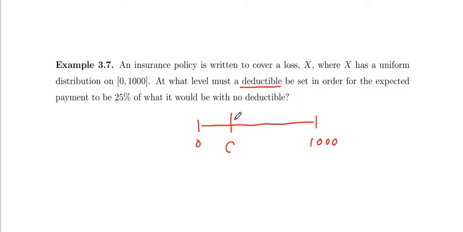So set to here, then the expected payment will be 25% of what it would be with no deductible. If there is no deductible, then the expected payment equals just half, equal 500, right?